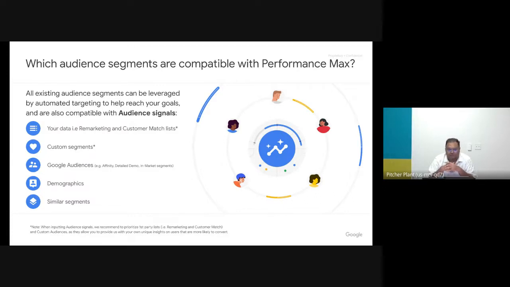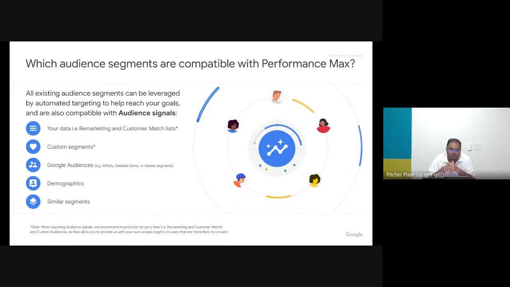And the answer is any of these audience segments that you're currently using in Google Ads, including remarketing or customer match. You can also use custom audiences or in-market audiences that are identifying audiences that have very high intent. We do recommend prioritizing lower funnel intent audiences, such as first-party and custom audiences, and then build new audience lists based on insights that you generate from your Performance Max campaigns.